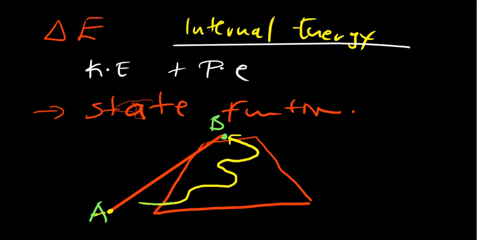So now what we are saying is the distance between A and B is a state function. It doesn't depend on the path that you've taken. Irrespective of the path that you've taken or how you've moved to get to point B, it doesn't change the distance between A and B. Okay? Are we together?